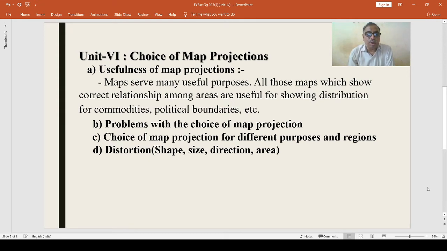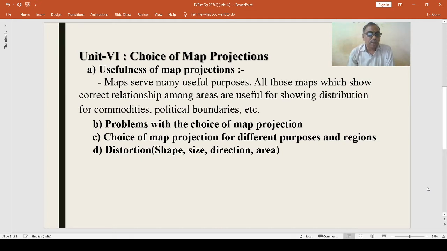It is useful to prepare maps of nautical routes, astronomical charts, direction of blizzards, and to show air and ocean currents. It is used to study distribution in the tundra region. In this way, zenithal polar equidistant projections are used for different purposes.